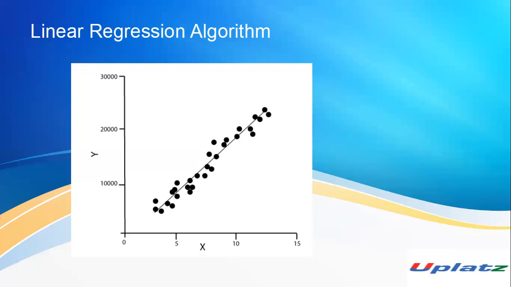If one is increasing and one is decreasing, it is known as a negative linear relationship. The equation for linear regression is y equals mx plus c, where y is the output variable, x is the independent variable, m is the slope, and c is the intercept. So this was about linear regression in machine learning.